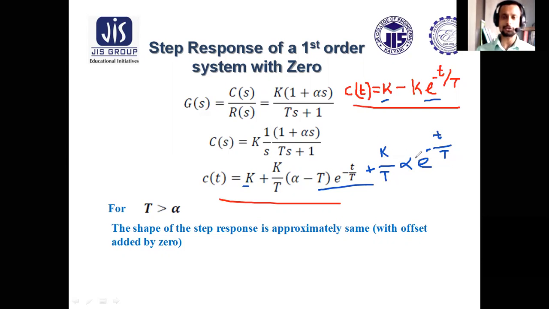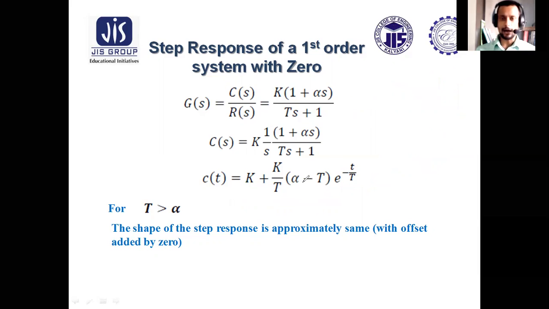So what is the location of the 0? Minus 1 by alpha. That alpha part appears here. Now, it is very clear that if alpha is less than T, or T is greater than alpha, the shape of the step response is approximately the same, with an offset added by the 0.